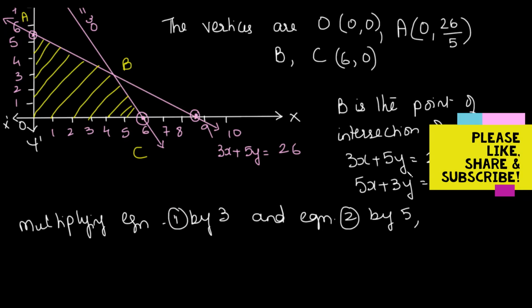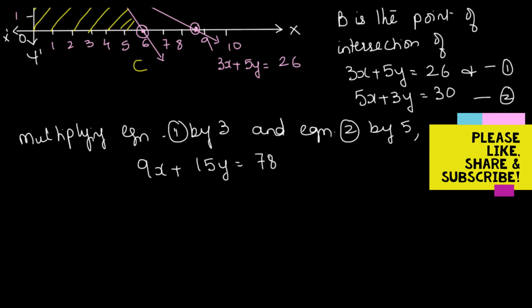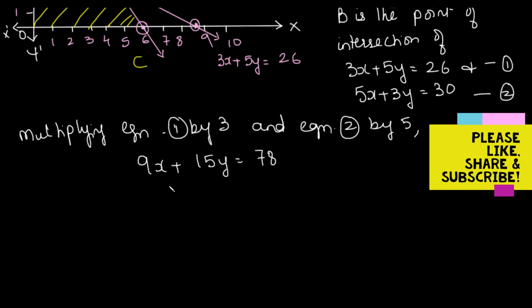That is, when we multiply equation 1 by 3, we get 9x plus 15y is equal to 78, 26 3s are 78. And the second equation, we multiply by 5 and therefore we get 25x plus 15y is equal to 150.